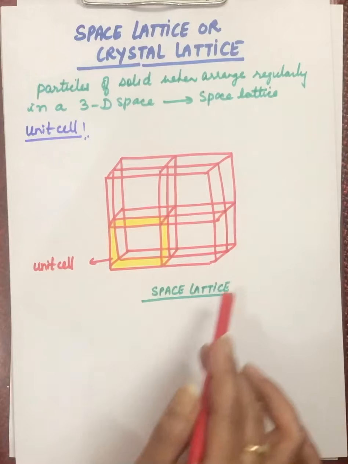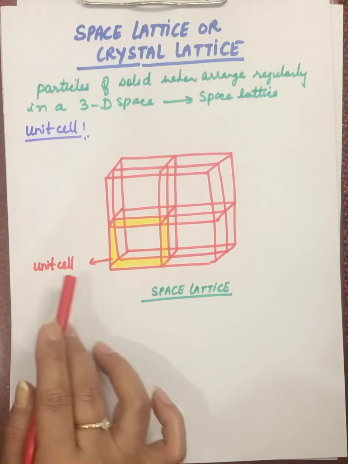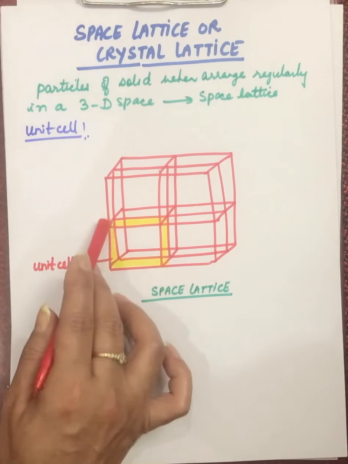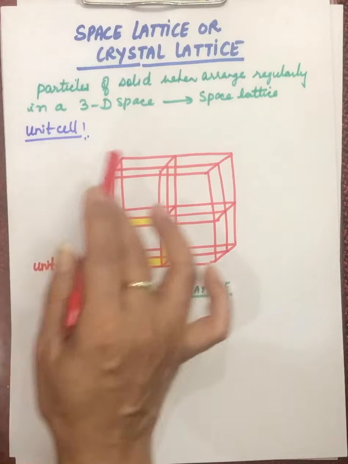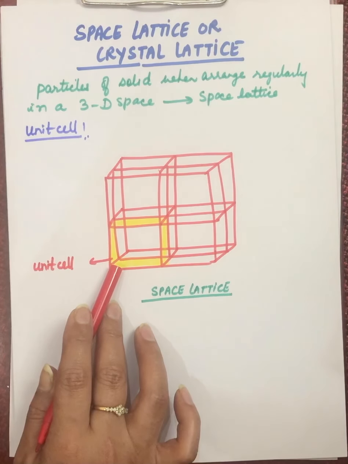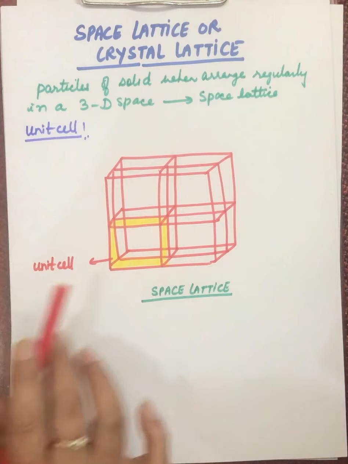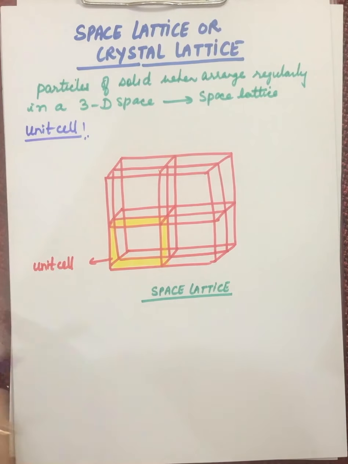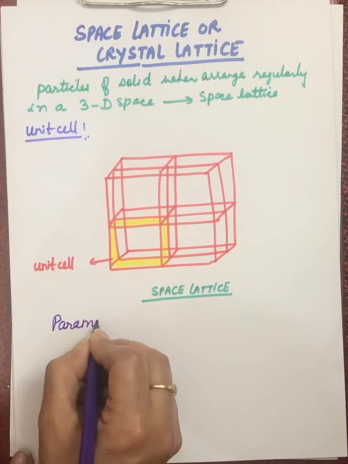Actually in this structure, how many unit cells are there? 8 unit cells are there. So this yellow one only, we are repeating again and again in different directions and what we get is a space lattice. So this small part that forms a space lattice by repeating itself in different directions is known as a unit cell.